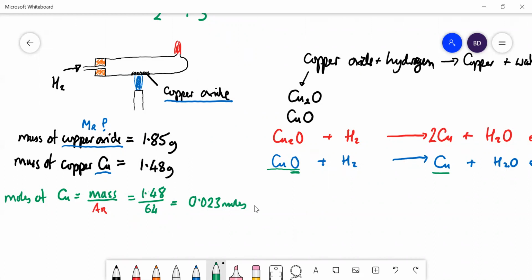So the mass of oxygen atoms reacted is equal to the mass of the copper oxide, 1.85, minus 1.48, and that gives us 0.37 grams.